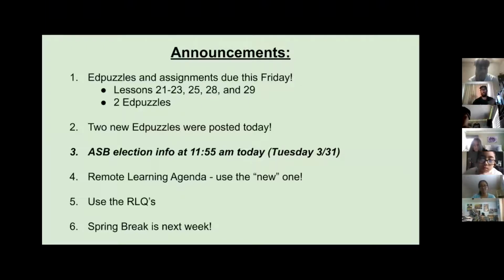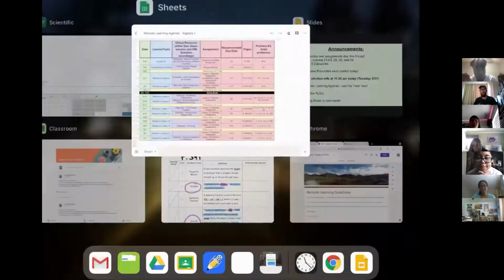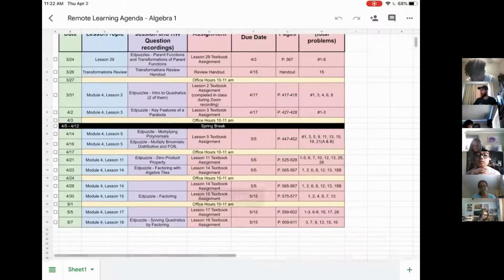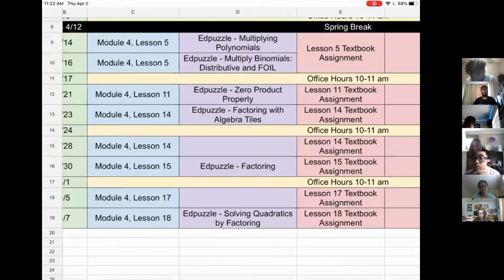This is the same slide from Tuesday, so don't stress about that. Remote learning agenda, use the new one. Boom, that's this thing right here. Keep in mind that this is telling us exactly what we're doing and exactly what's expected of us every single day. Notice that we are projected out through May 5th.